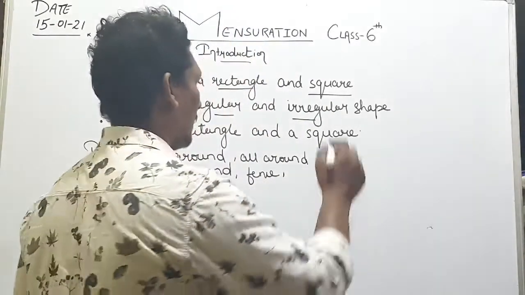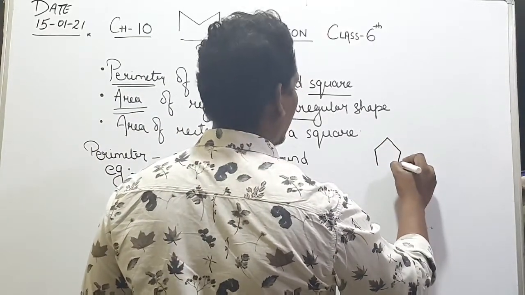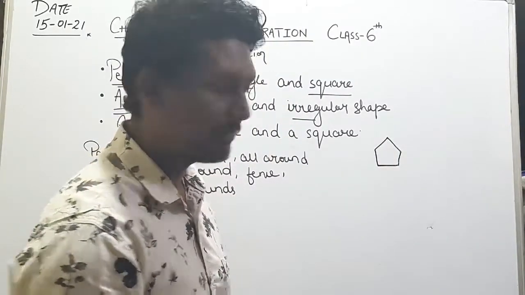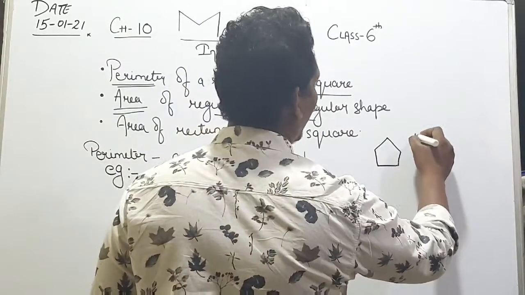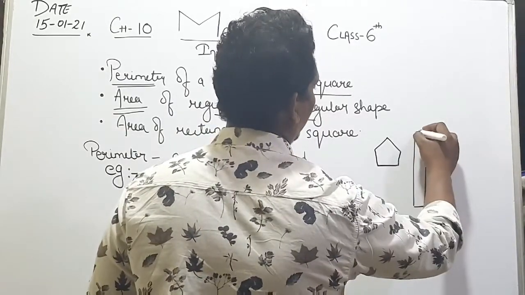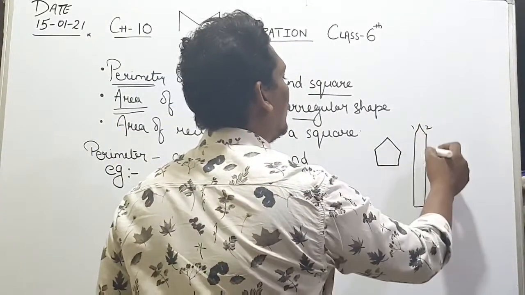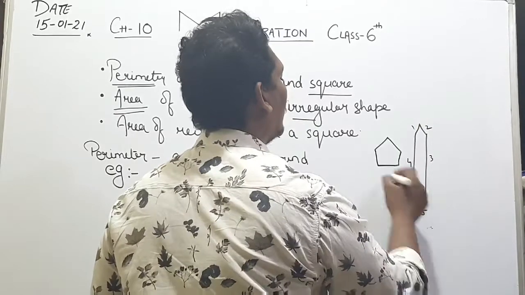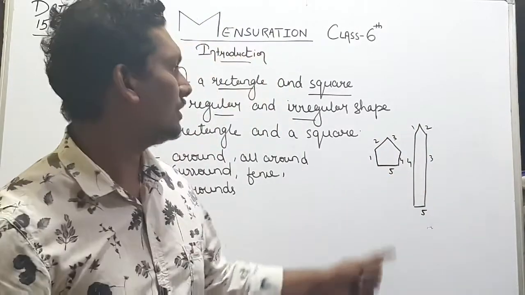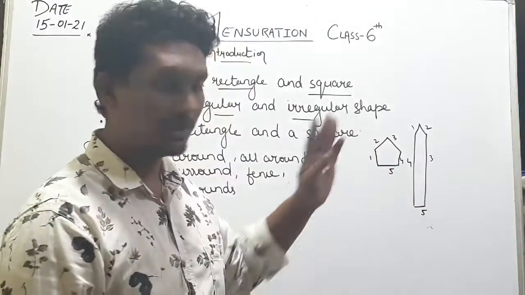For example, suppose this is a five-sided shape, and in the same way we can draw this kind of shape like this. 1, 2, 3, 4, 5. 1, 2, 3, 4, 5. So this small figure, whose all sides are equal, is called a regular shape.